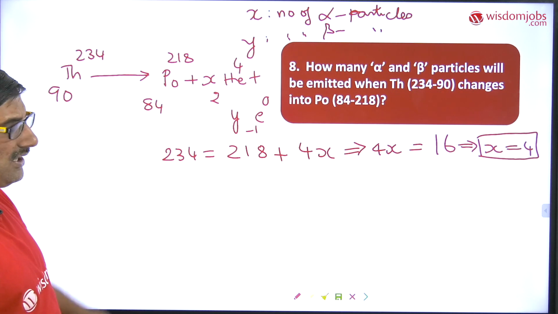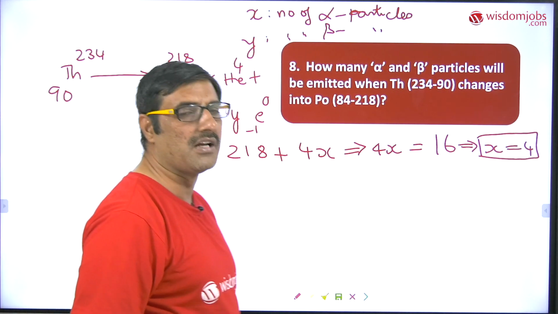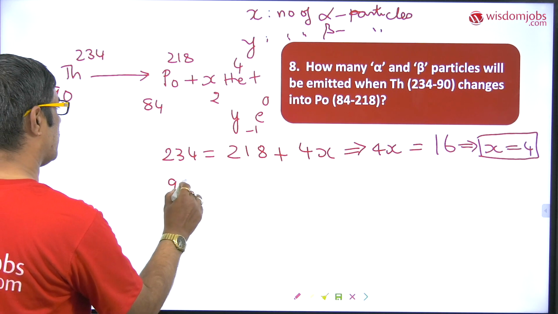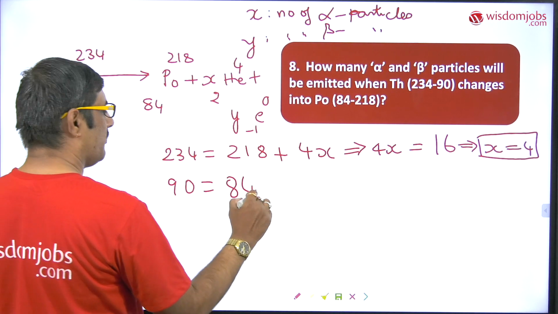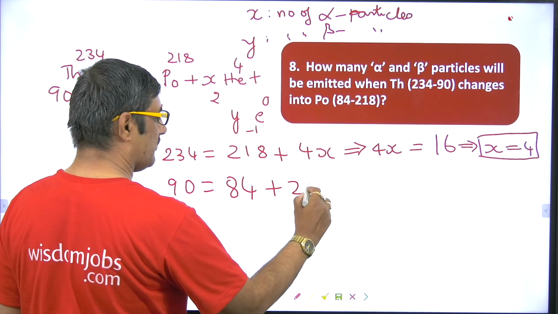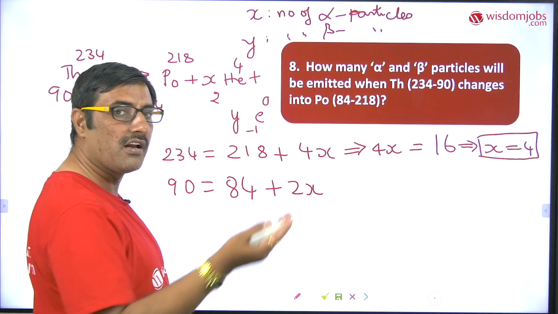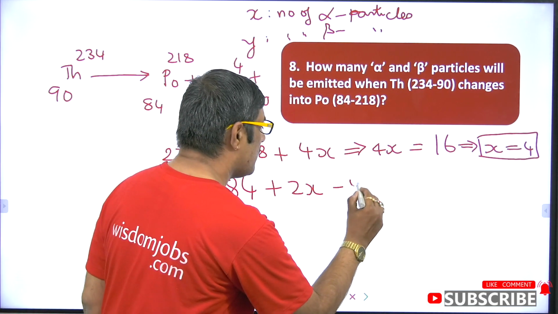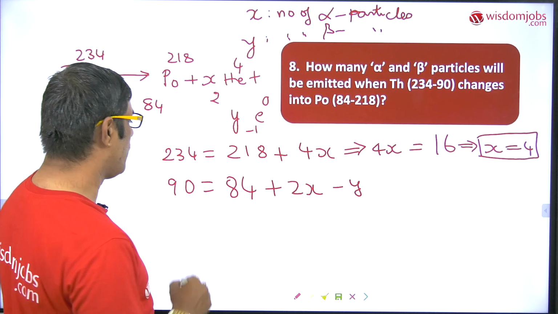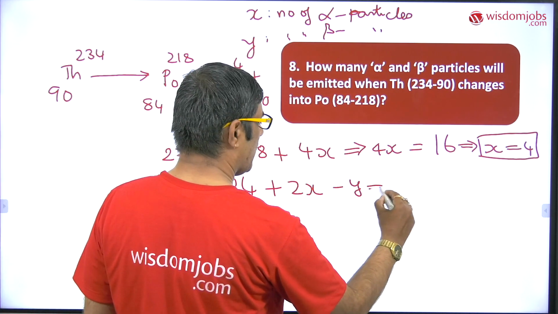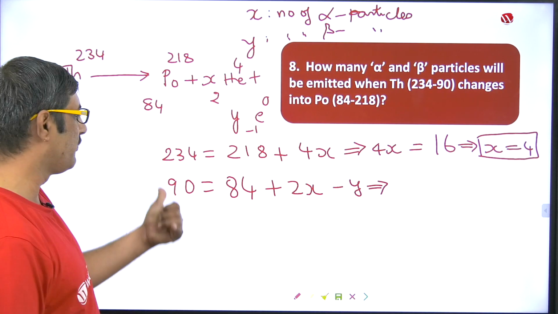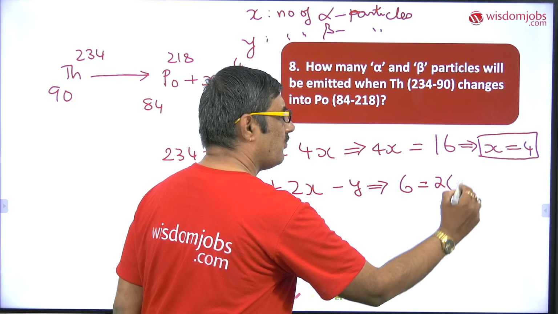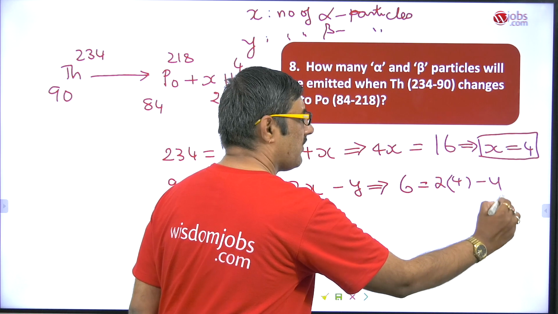Now let us compare the atomic numbers. So if I compare the atomic numbers, what do I get? 90 is equal to 84 plus 2x minus y. Let us write x only initially, and later we substitute x with 4. Okay, now we know the x value. So from this, what can I do further? 90 minus 84 is how much? 6. So 6 is equal to 2 into what is x actually? 4, minus y.